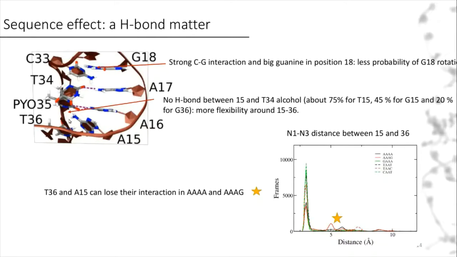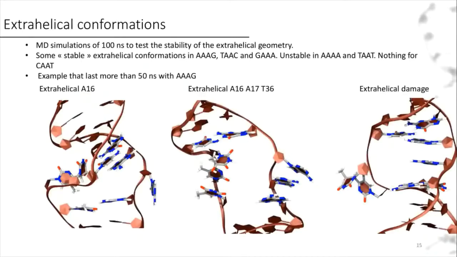So we look for extrahelical conformations in our MDs, and then we test them. We run 100 nanoseconds for each extrahelical geometry we found, and we have some that are stable, present for more than 50 nanoseconds in our MDs for AAG, TAC, and GAA.